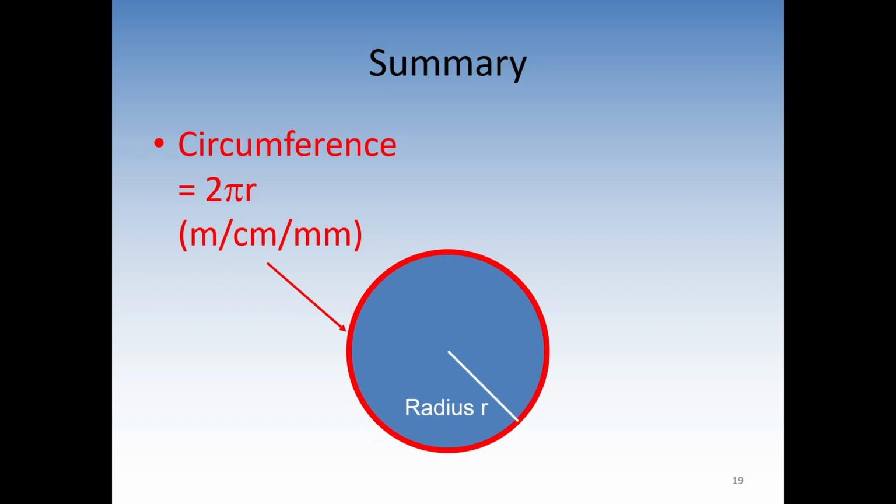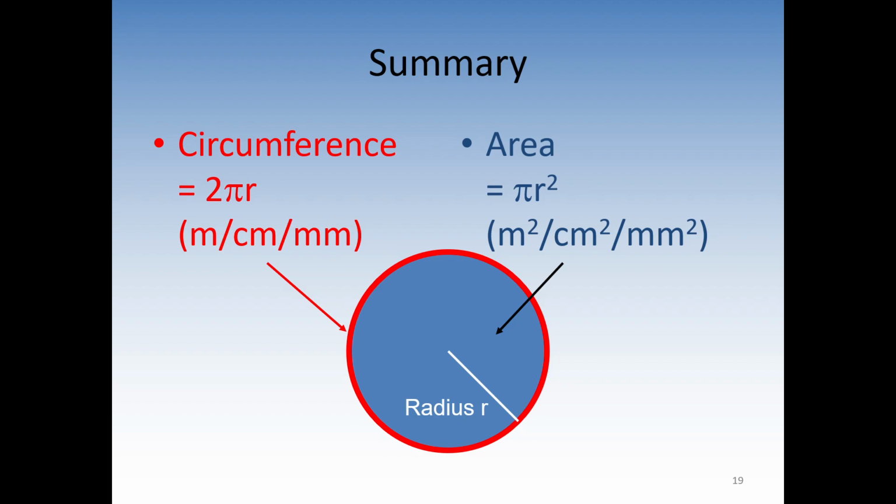For example, the unit may be m, cm, or mm. And our second part, we learn about the area of the circle. The formula is pi r squared. And the common units may be m squared, cm squared, and mm squared.